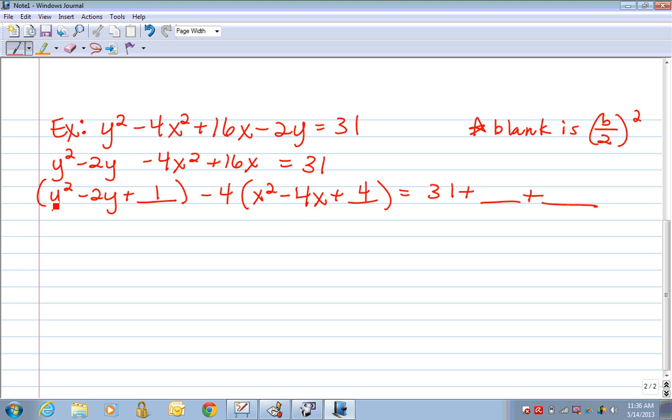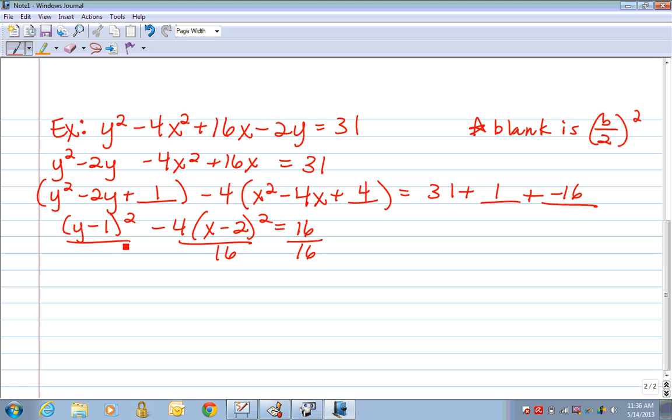Now on the right, on this first blank, the blank is 1. There's no coefficient out front, so it is a 1 that I add to the right. The -4 that was taken out front of this one needs to multiply, so that's a -16 that I really have to add on the right. We choose this because it factors as a binomial squared for both the x and the y terms. And when we add on the right, we get a 16.